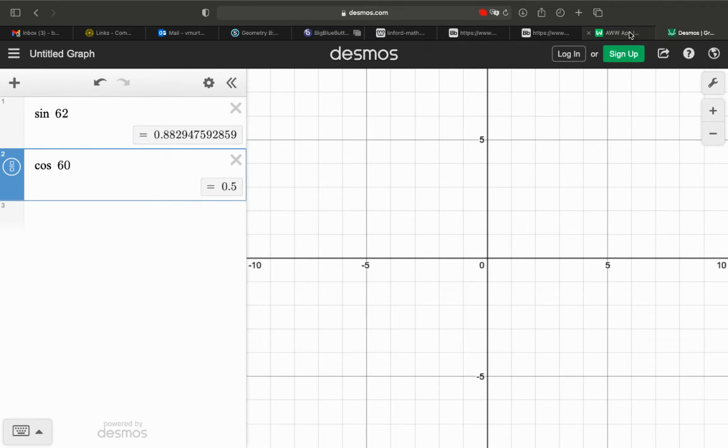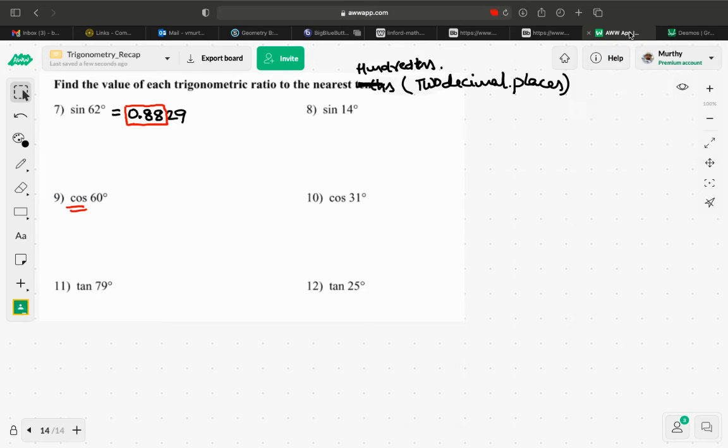Let me go to my whiteboard and write that cos 60 equals 0.5, or else you can write it as a fraction 1/2. Next, the last one on the left side is tan 79.